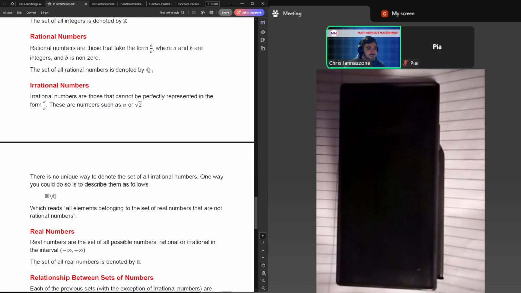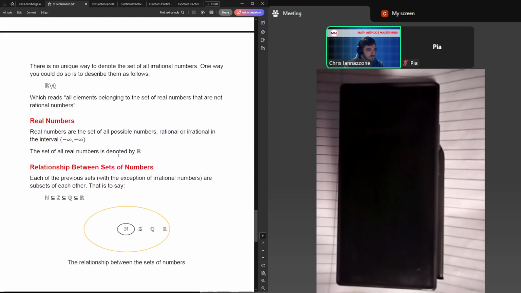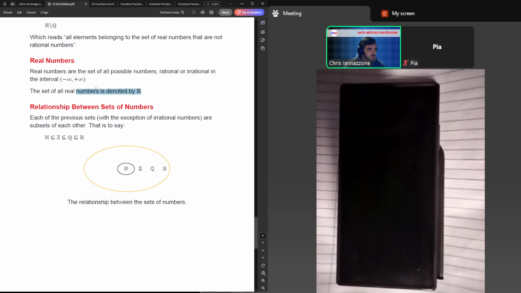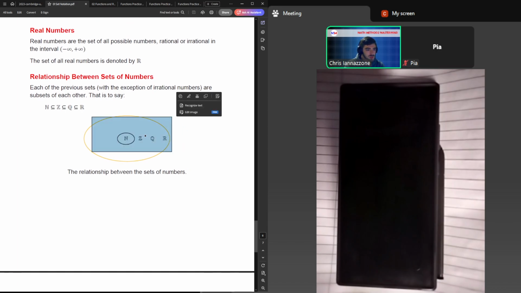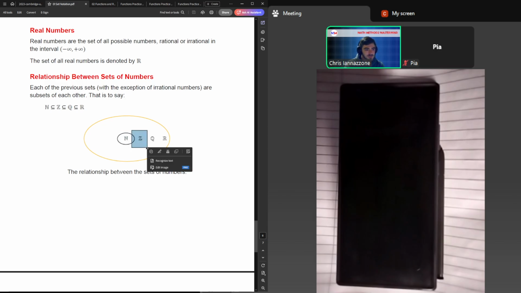If it never ends, then those are considered irrational numbers. And then real numbers, this is what you're most familiar with. That's just everything in between positive and negative infinity. If you look at it all on a massive graph, you've got the natural numbers, which is encapsulated by the integers, which is then encapsulated by the rationals, which is then encapsulated by all possible real numbers.